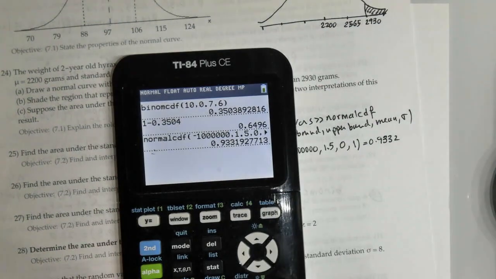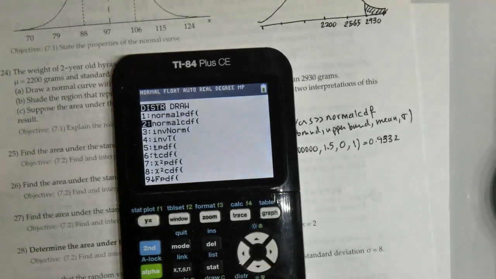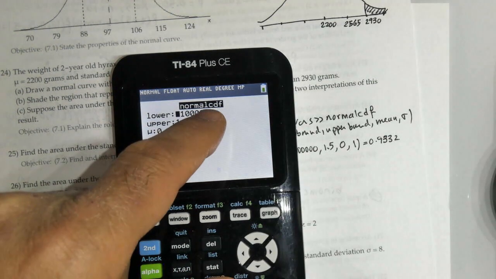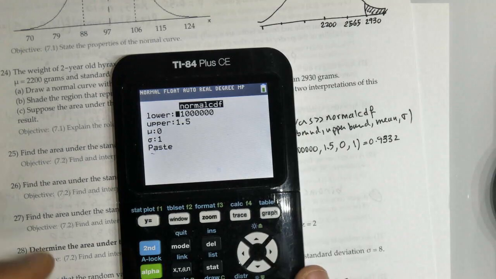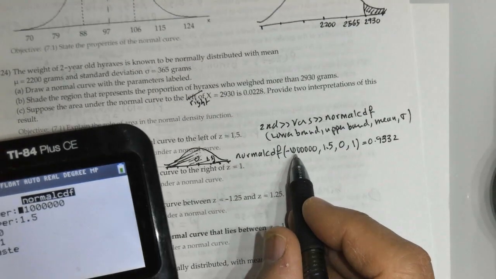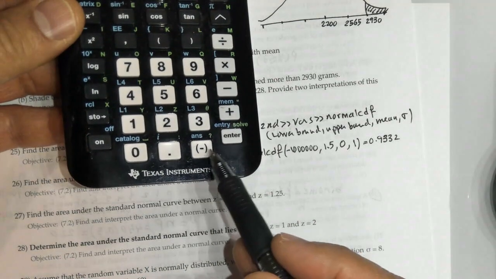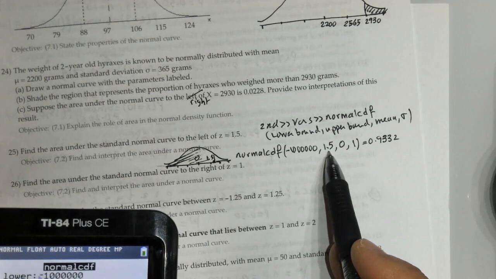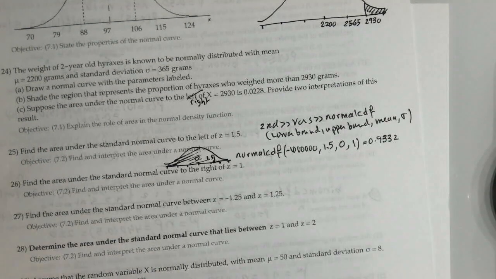Now if this screen doesn't pop up, you're just going to get normalcdf with parentheses open. So you do this just like I did. You put negative a million, and make sure when you use a negative sign, you use this sign right here, not the minus right there. This is the negative sign. And then you put the upper bound, you put 0 and 1, and then you should get the answer.